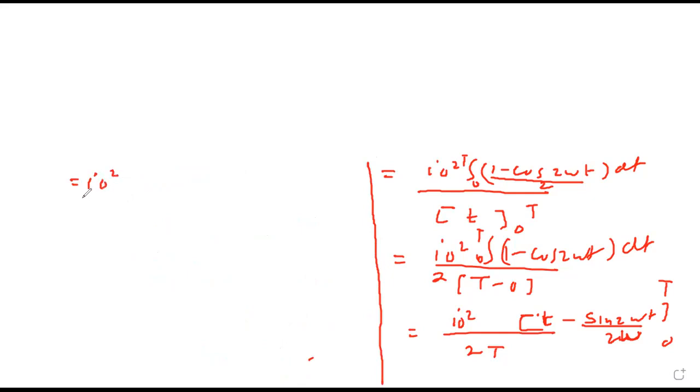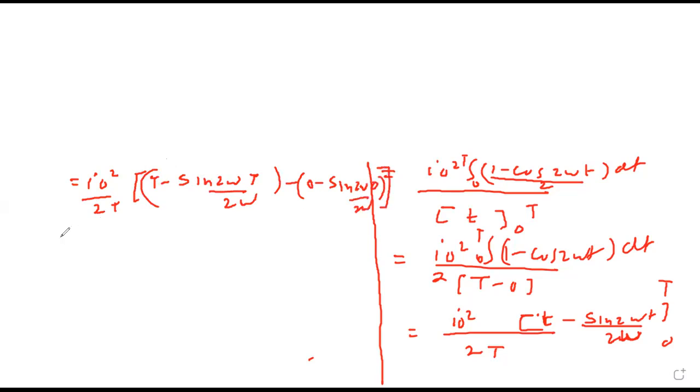I naught square upon 2T, into T minus sine 2 omega into capital T upon 2 omega, minus sine 2 omega into 0 upon 2.